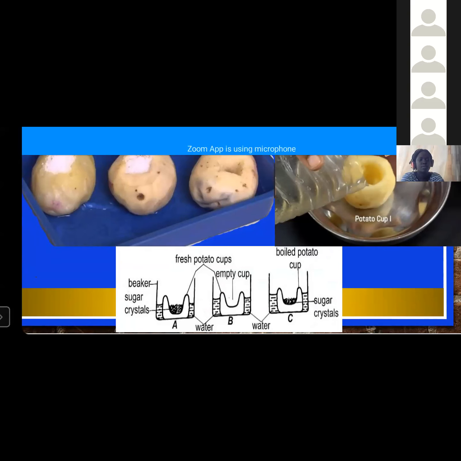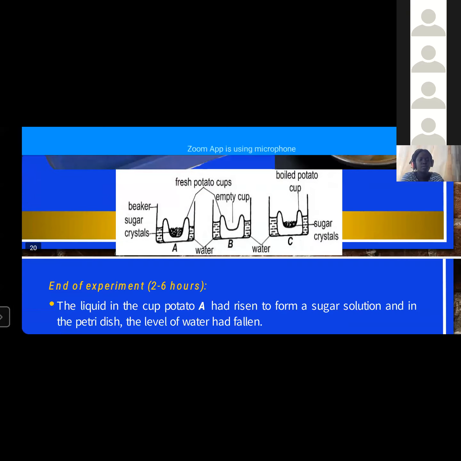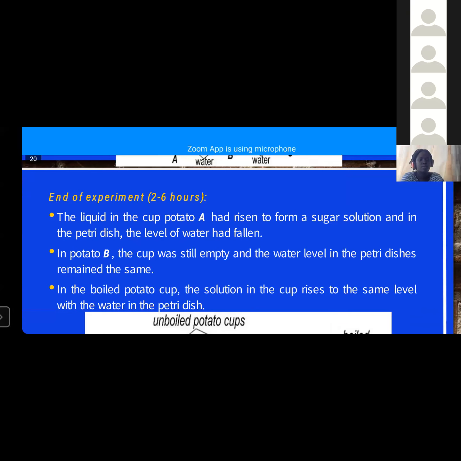In A, you put sugar inside. In B, don't put sugar. But in C, also put sugar. And so, after the setup, we have said this is the observation.